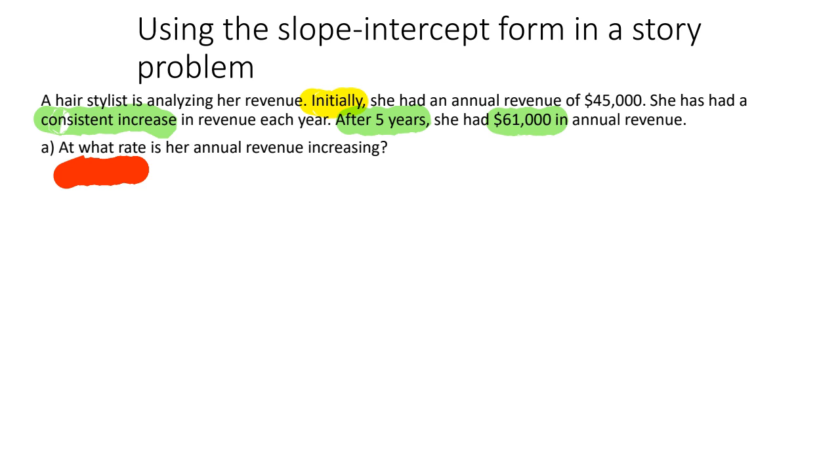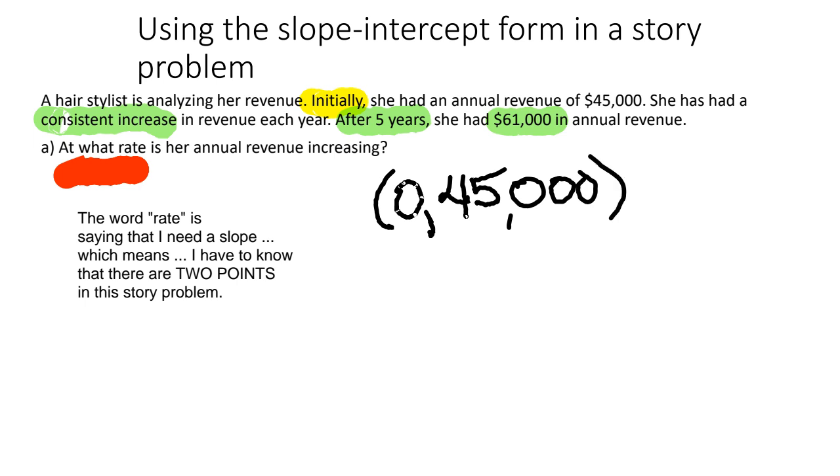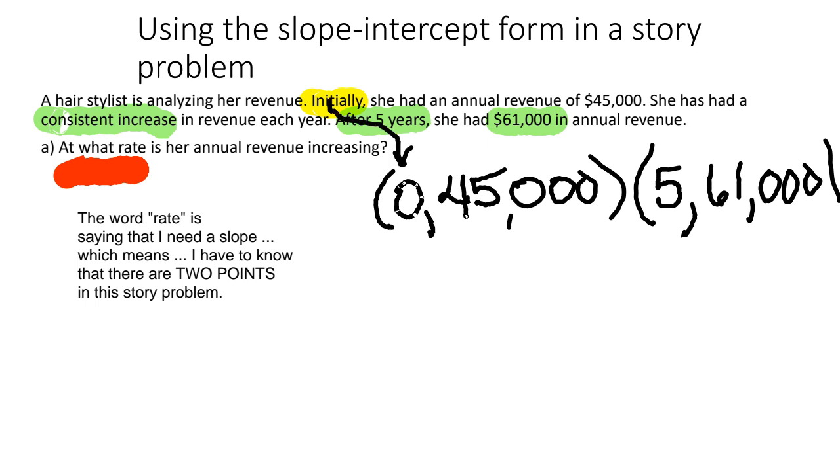Well, what are the points? Initially. Initially means 0, $45,000. After 5 years, she has $61,000. Initially is the 0. This is what she made initially.